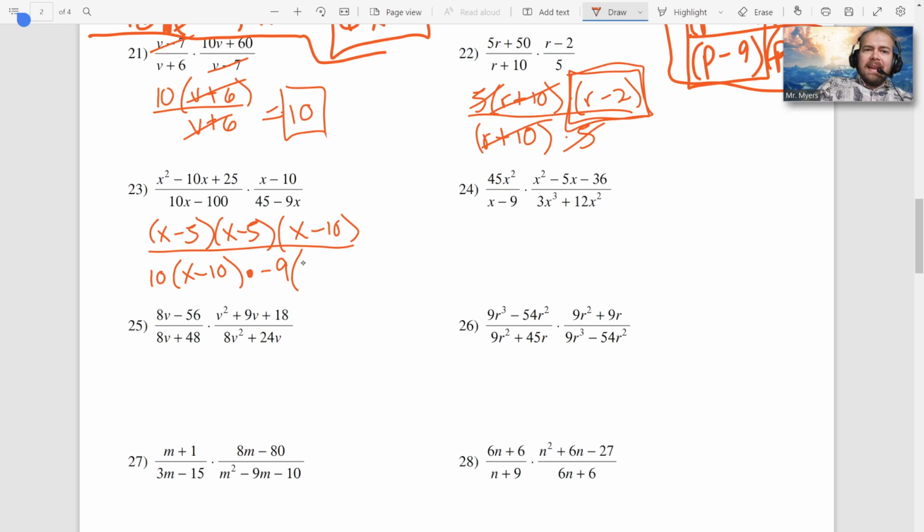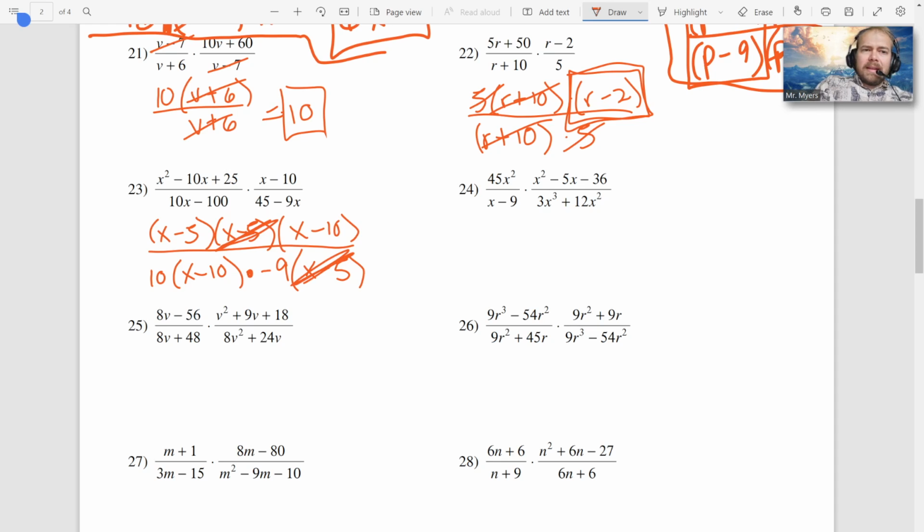And if I factor out a -9, then this would just be x, and 45 divided by -9 is minus 5. Be really, really careful whenever you're dealing with negatives, but that's how you would do that. Because you want the x to be by itself, because all the other x's are by themselves. You want it to be positive, not negative. And you want it to be in the same order, in the same form, of the same type. So it's easier to see when you can do this.